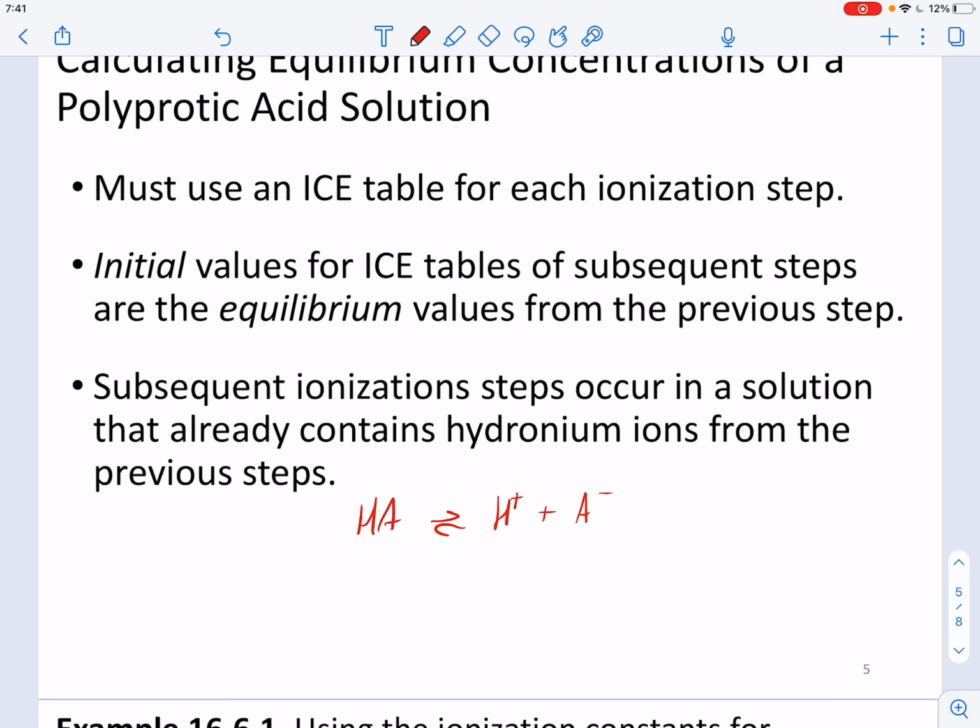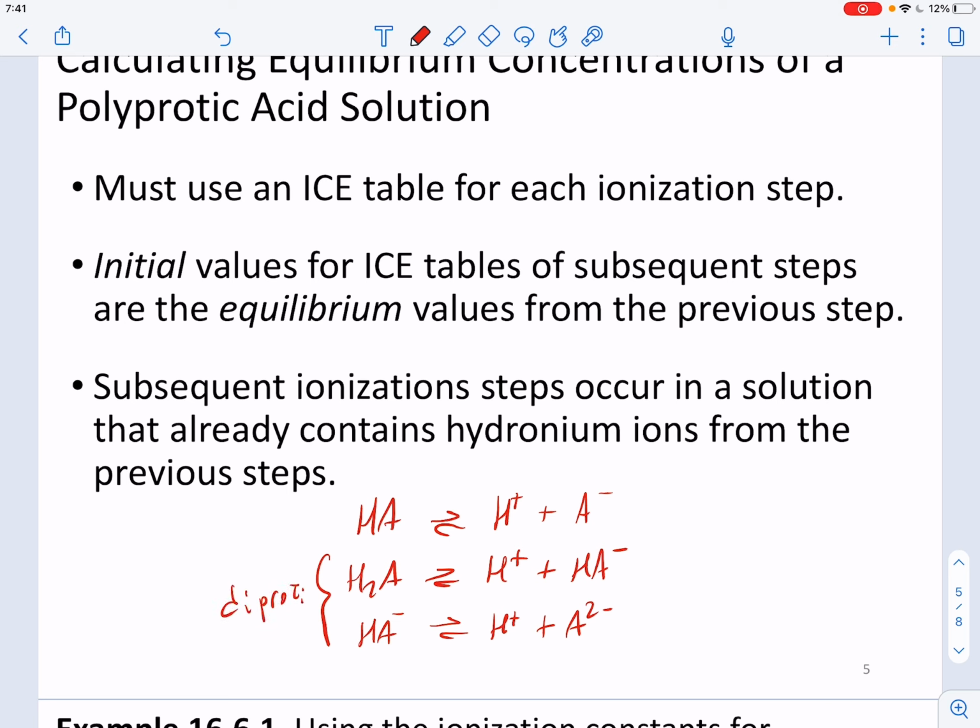If it's a diprotic acid, then you can use H2A goes to H plus HA minus, and then HA minus goes to H plus A2 minus. Okay, so it doesn't matter what acid you're working with, you can always simplify your chemical equation in terms of A, the anion of that acid.